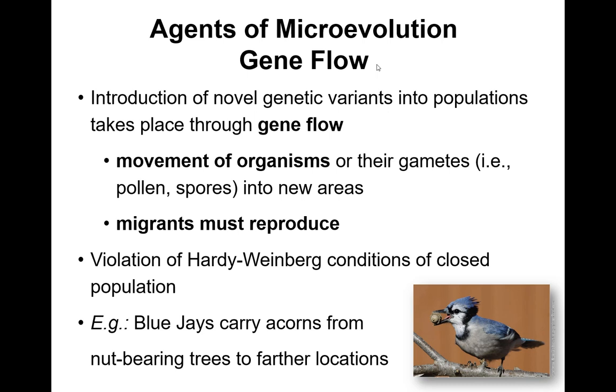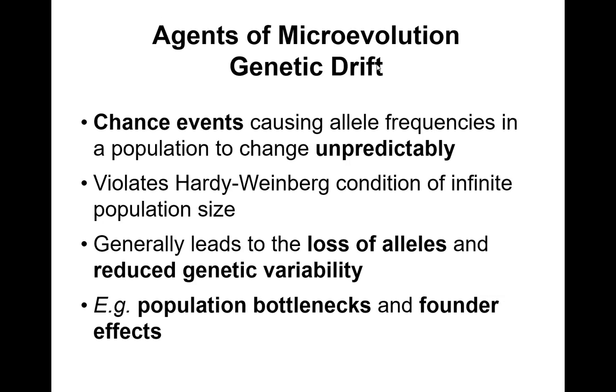So now there is migration of either new organisms or their gametes, and these obviously change the frequencies of the alleles. One example you have here is a blue jay, just carrying acorns from a tree to another location, which is already spreading the genes from these plants and the population the plants belong to into a different population. So, a common thing. Now this is different from genetic drift.